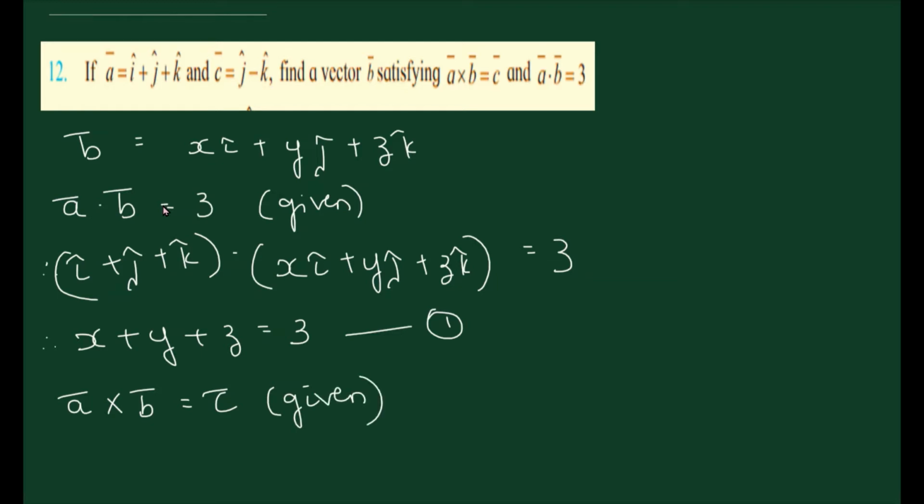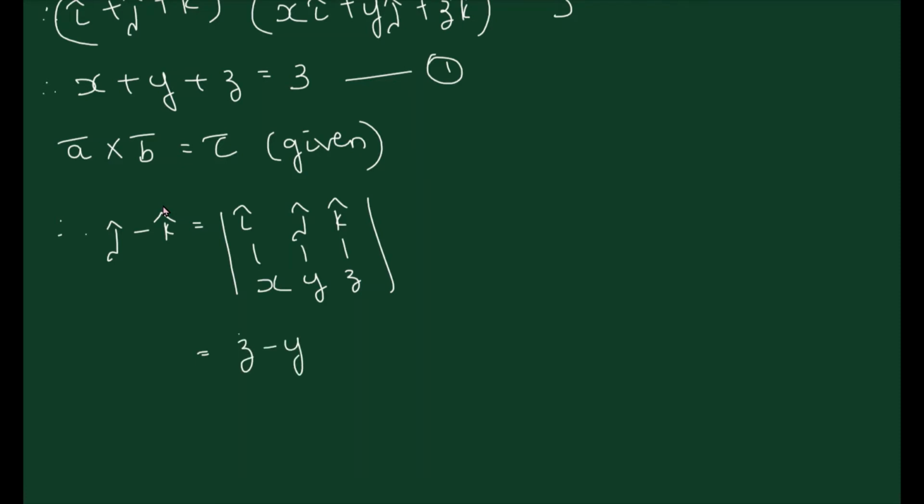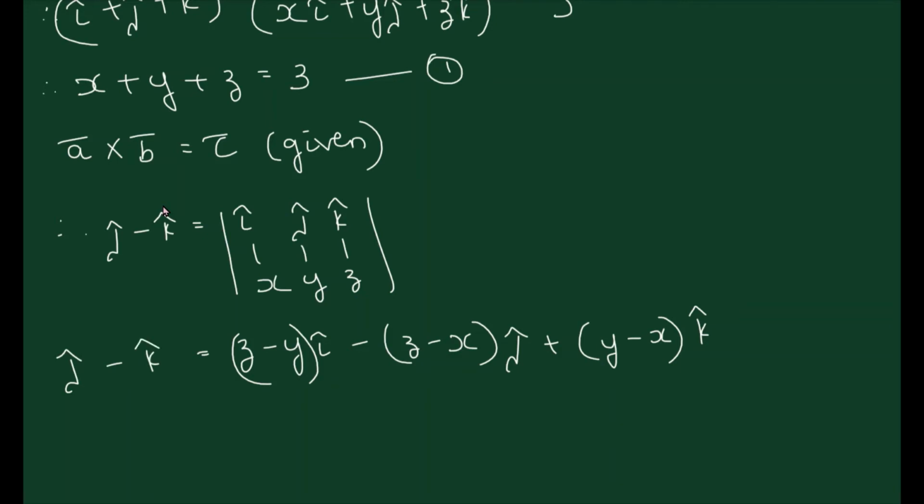Now let us write C on the LHS, and so C is actually J minus K, which is equal to A cross B. A cross B, by the determinant, we get this way, and solving it we get Z minus Y I cap minus Z minus X J cap plus Y minus X K cap, which is actually J minus K on the LHS.